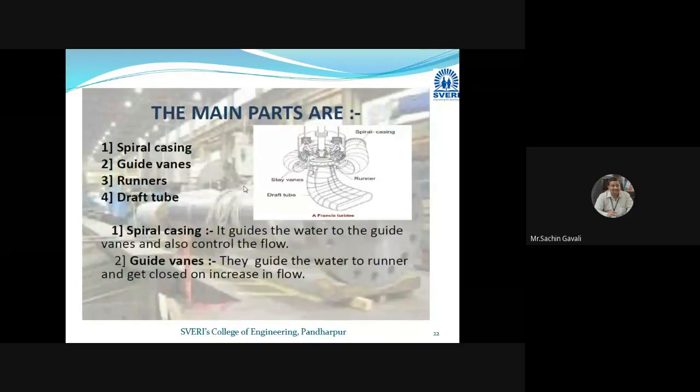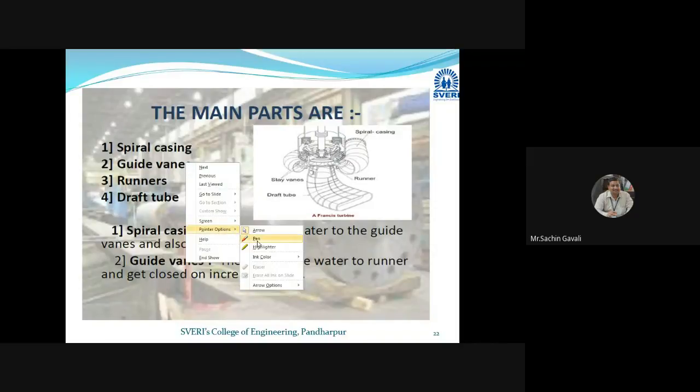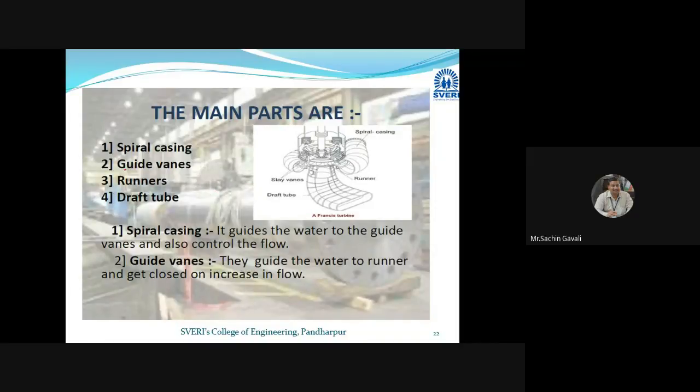So the main parts are the spiral casing. Generally casings are used. Guide vanes are there. All concepts are the same here. Guide vanes are fixed, and they only guide the water flow in the proper direction.